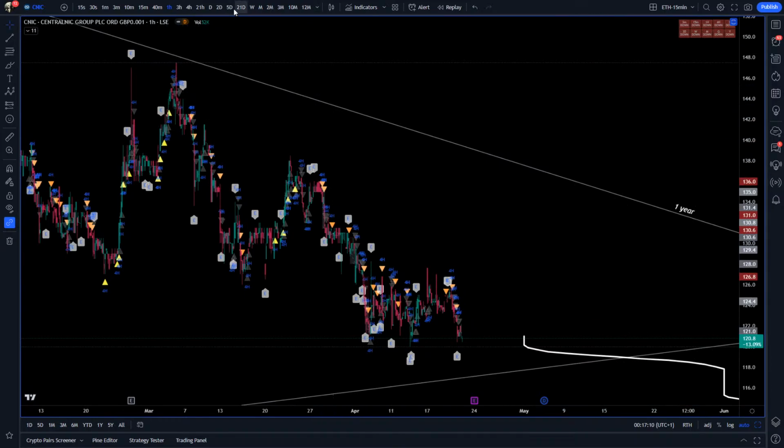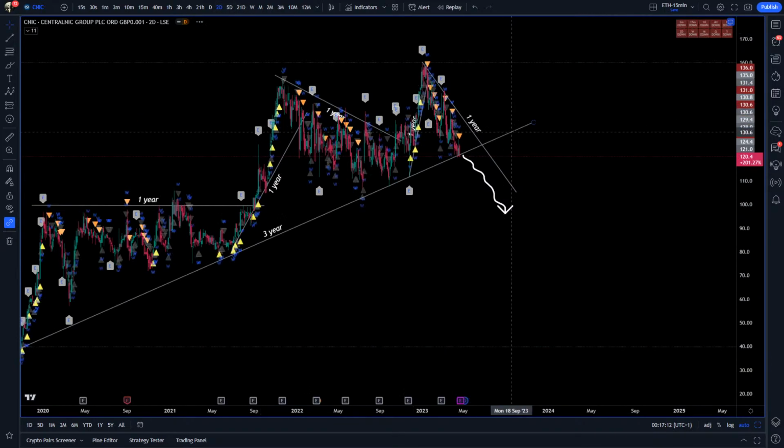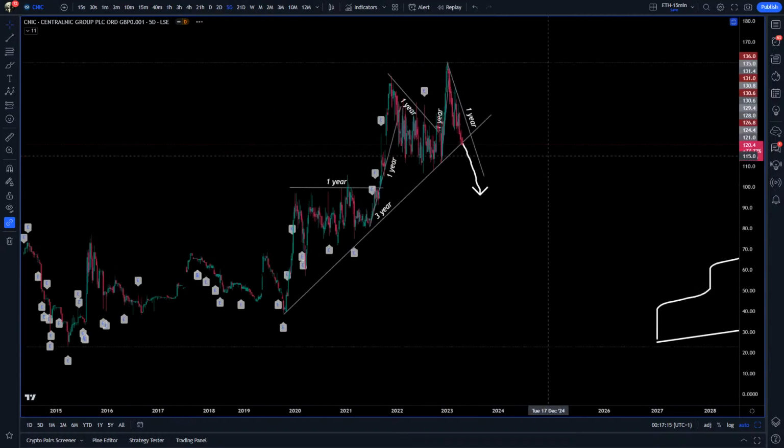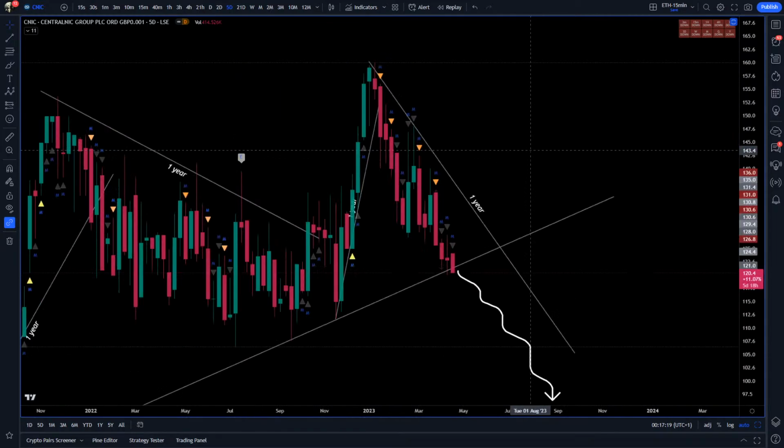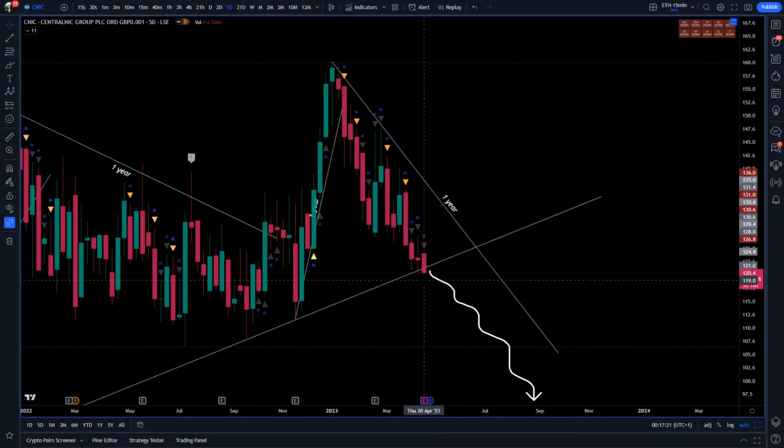For the next month, where is it? Here. For the next month, like I said previously, it can be the end of this monthly market downtrend.